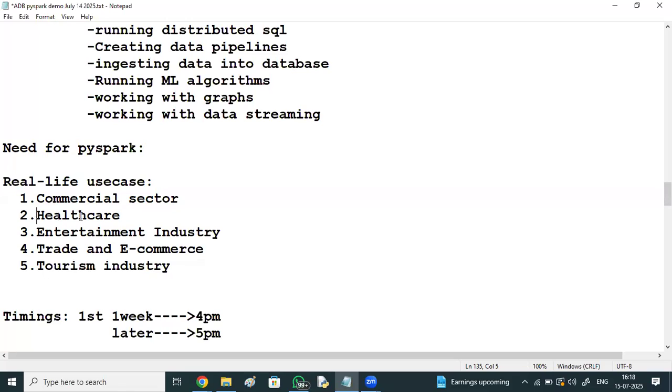In healthcare, it is used to analyze the patient's records along with previous medical reports, to identify which patient is going to face an issue.